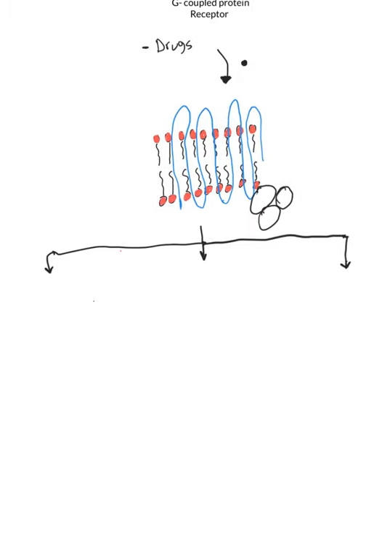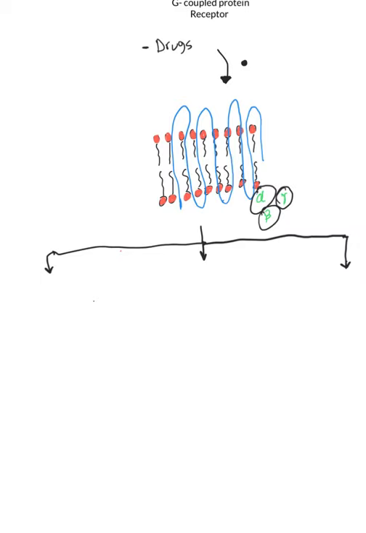So the G coupled protein receptor spans the cell membrane 7 times, and attached to it from the internal side are 3 subunits: alpha subunit, beta subunit, and gamma subunit.